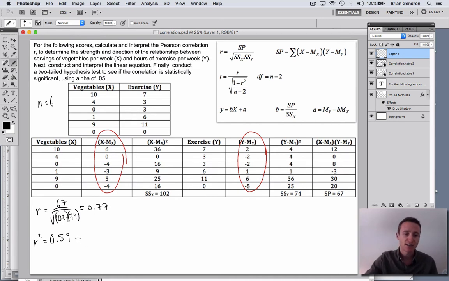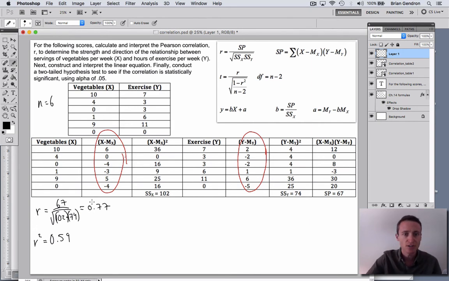So we can say that there's a very strong positive correlation between vegetable consumption and exercise. That's the first part of this problem, calculating and interpreting the Pearson correlation. It's 0.77, which is positive and very strong.